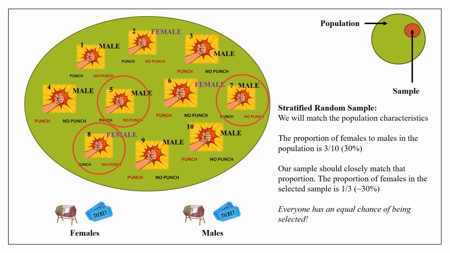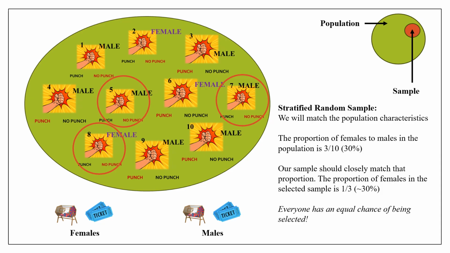So in the case of females, here we have 3 females. They will each get a ticket that will go into the female urn. And then for males, we have 7 males. Each one of them will be given a ticket that is going to go into the male urn. So again, everyone is still having an equal chance of participating because everyone's getting a raffle ticket.